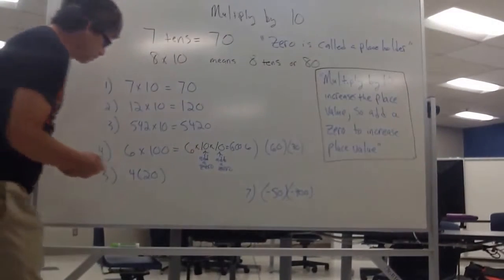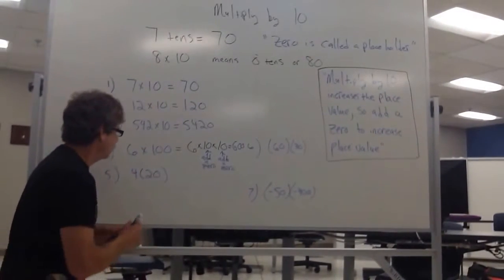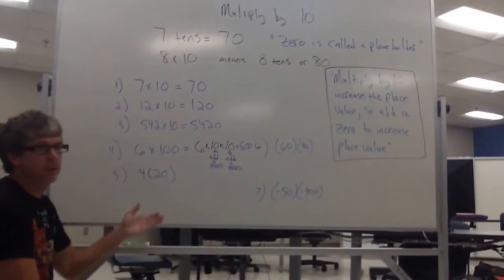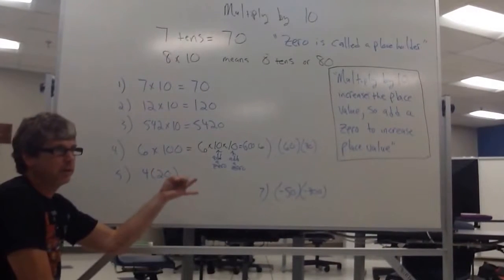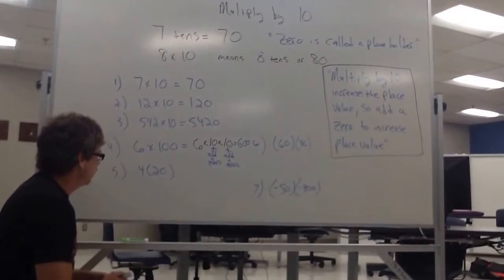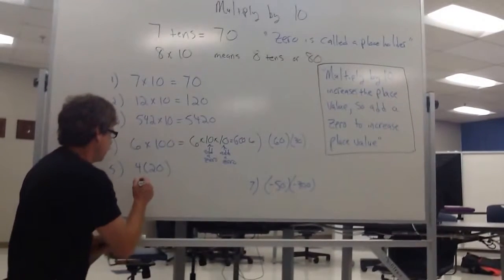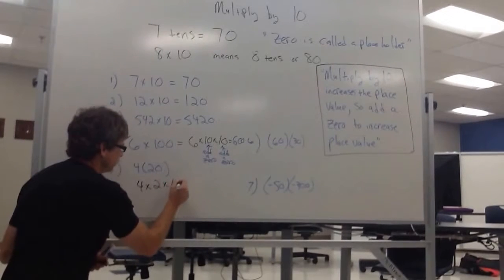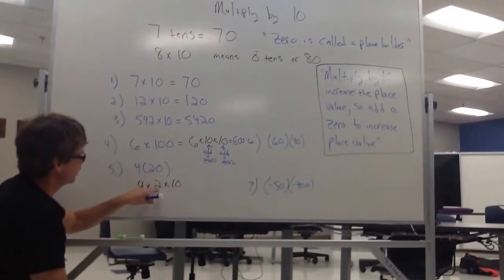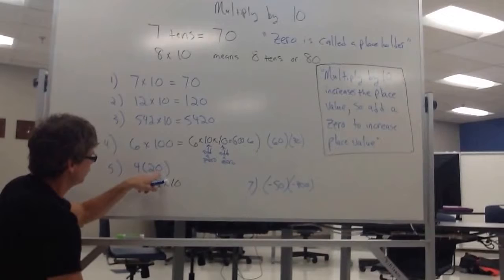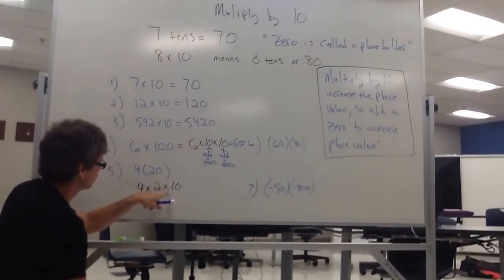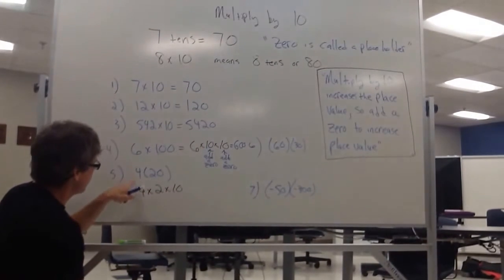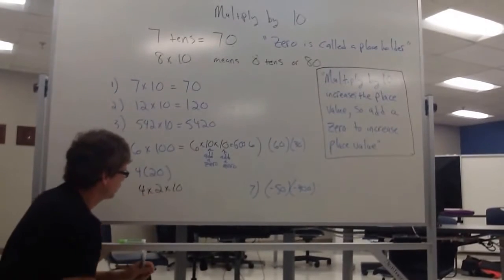Now if I look at 4 times 20, again, this is not hard math because 4 20s we can do in our head. That would be just 20, 40, 60, and 80. But another way to look at this problem is I can look at this as 4 times 2 times 10. 20 is the same thing as 2 tens. So when you see a zero, that means you're multiplying by 10. So I can change this problem to 4 times 2 times 10.